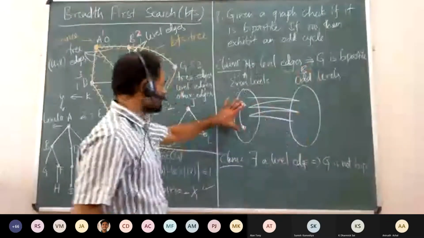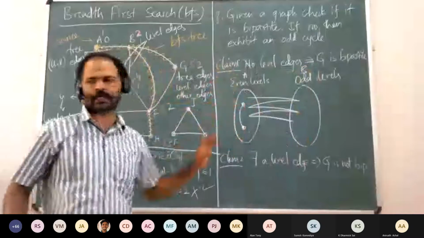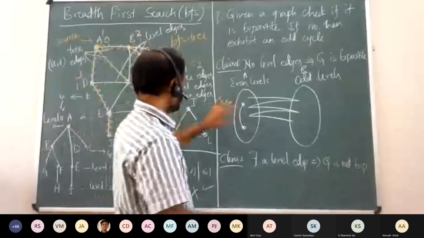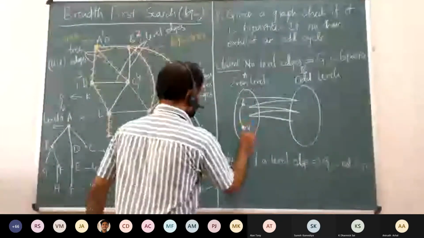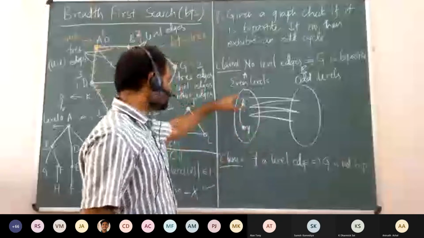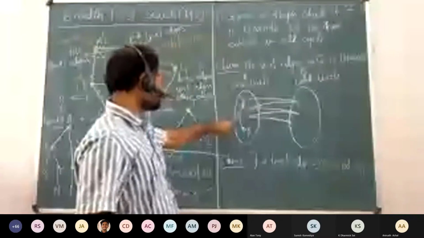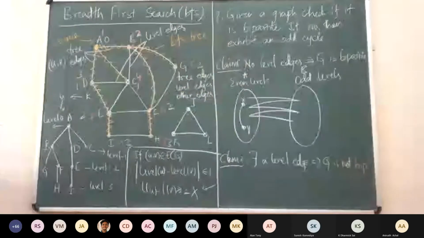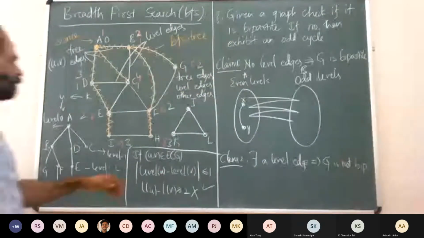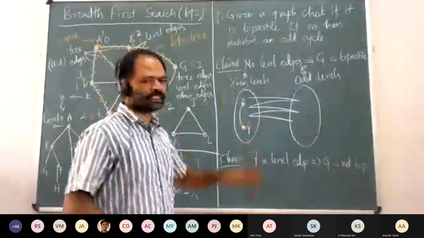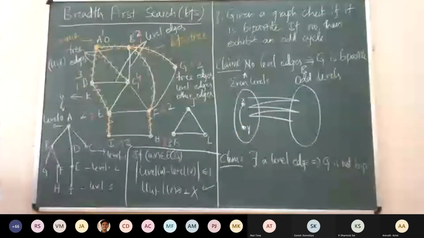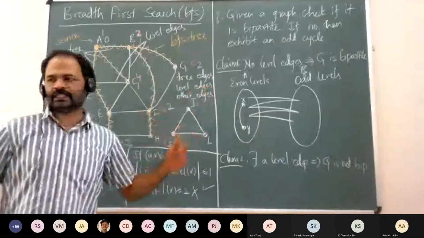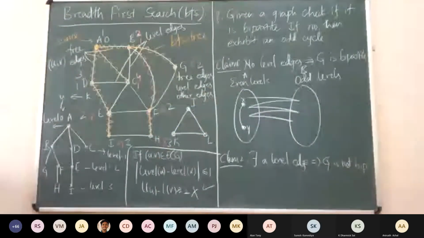There can never exist an edge between two vertices which are in part A, because if x and y are those vertices, and they are in the same level, then an edge would contradict our assumption that there are no level edges, right? And if they are not of the same level, then their difference in levels is at least 2, and by the property we have proved, such an edge is not possible.